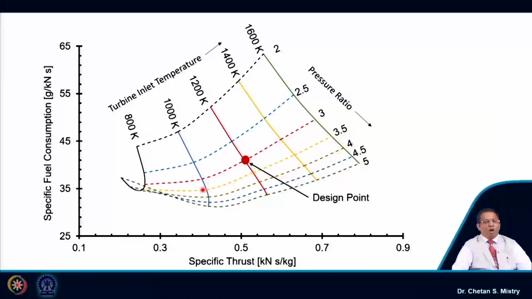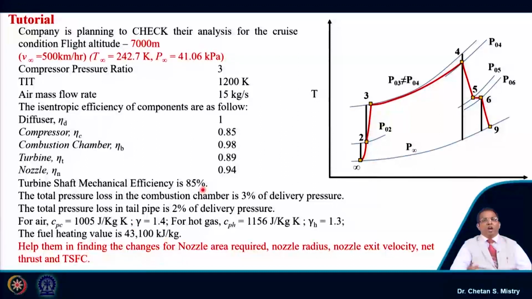Okay. Now, once we have the idea about the ground condition, the company is now planning to check their analysis for the cruise condition. They want to fly at 7 kilometers, 7,000 meters, with a velocity of 500 kilometers per hour.